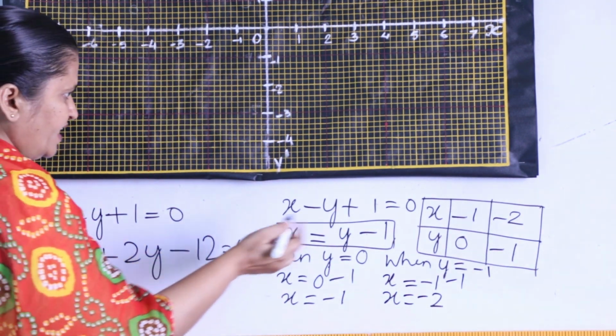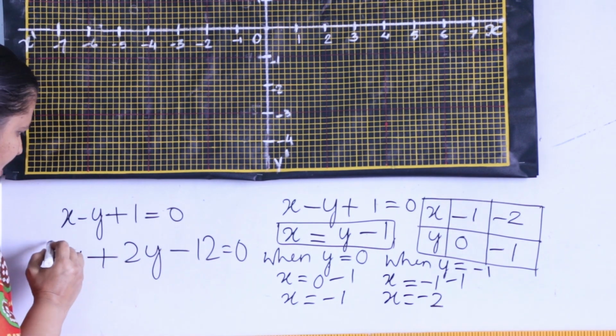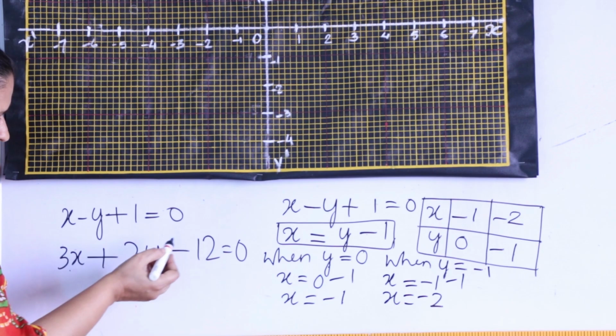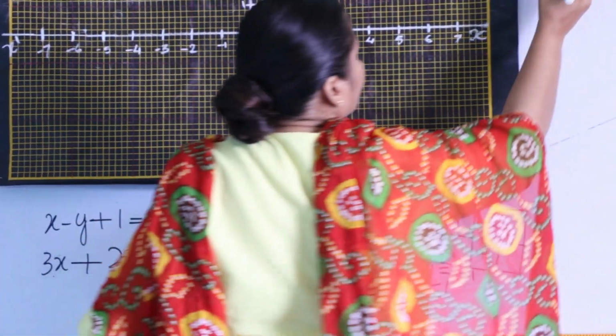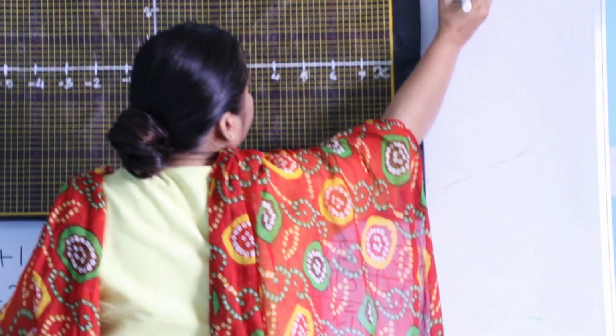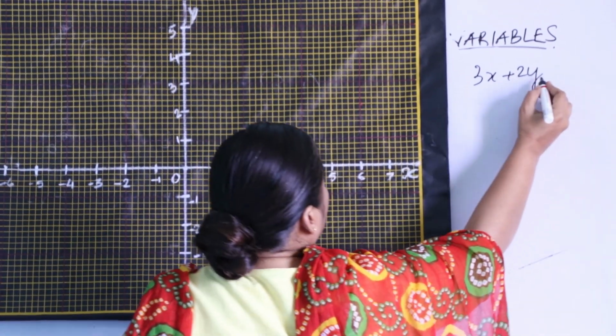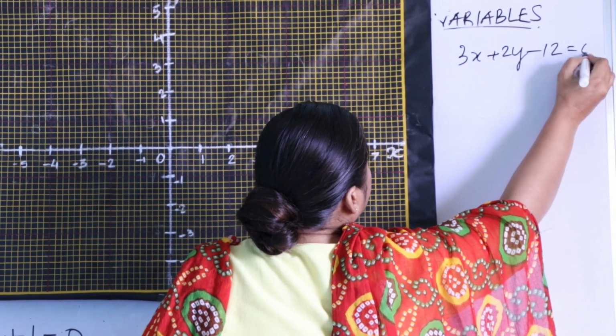Now, let us get such two pairs of values for this equation also. 3x plus 2y minus 12 equals 0.